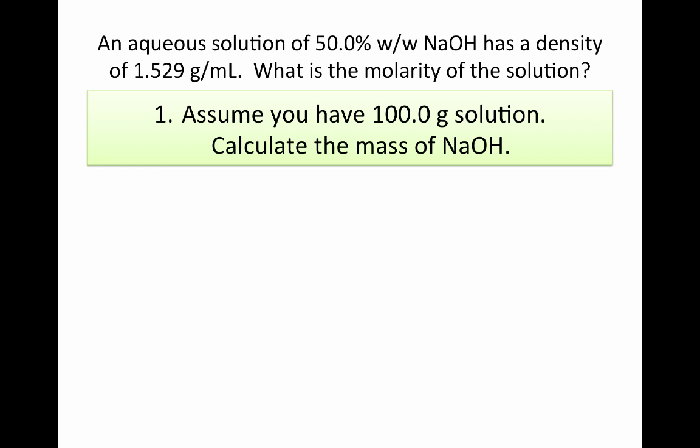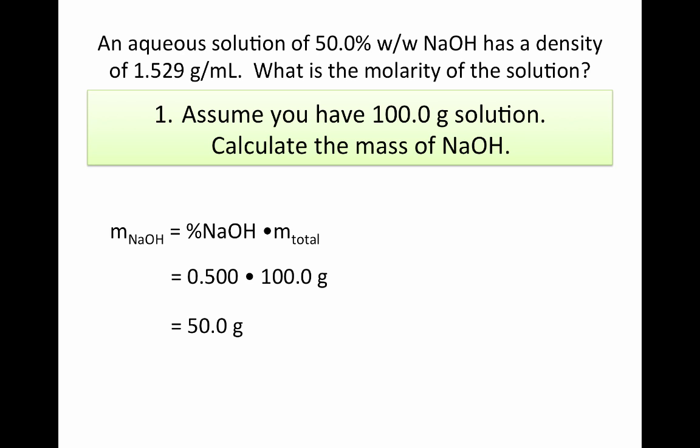That tells us that of that 100 grams, 50% of the total mass is sodium hydroxide. That's what mass percent tells us. So we have 50%, or 0.5, of the total mass of the solution, or 100 grams, is the mass of NaOH. So of that 100 grams, 50 grams is NaOH.